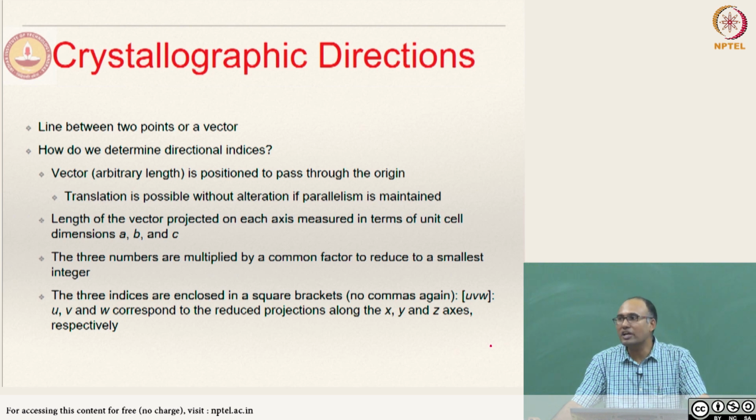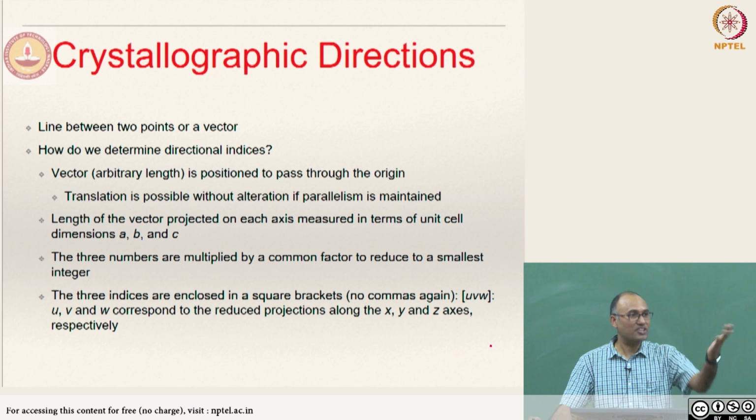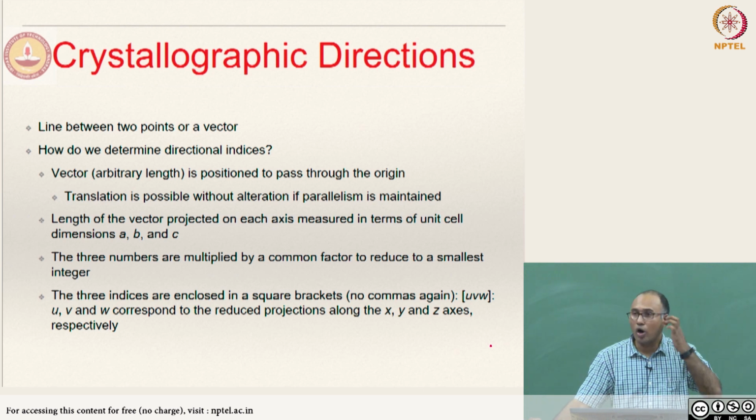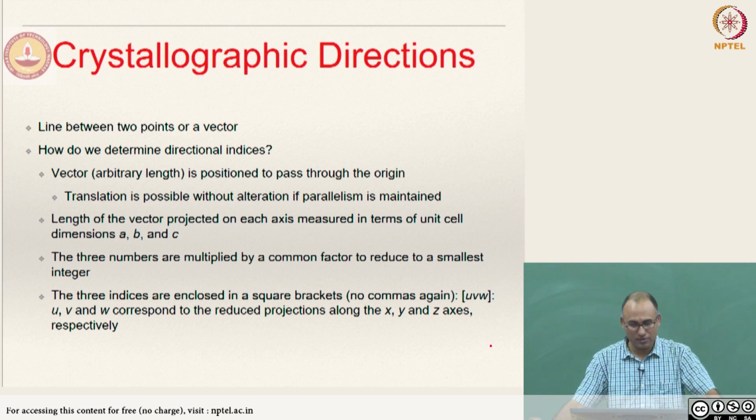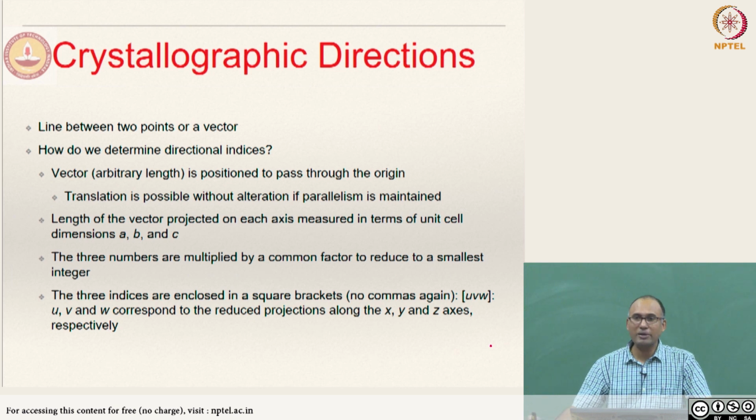We should be able to identify crystallographic directions properly, and if somebody gives you a crystallographic direction, you should be able to understand what direction they are talking about. So how do you represent crystallographic directions? The crystallographic direction is basically a vector, a line between 2 points. So how do you represent this direction? Using some indices. So how do we determine the directional indices?